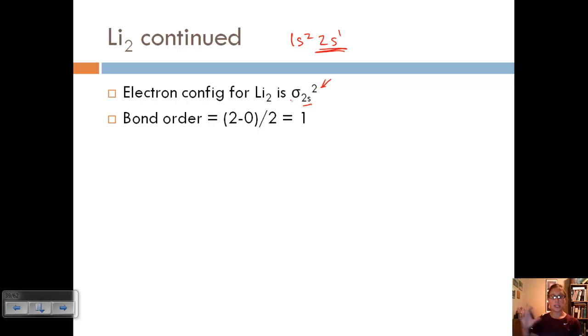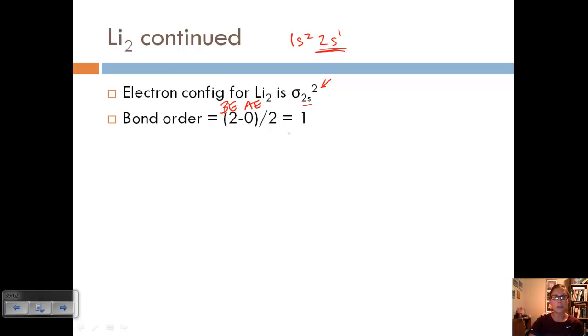Because we have two valence electrons total, those go into the bonding orbital. For bond order, we have bonding electrons minus anti-bonding electrons, which we don't have any, divided by 2, which is 1.